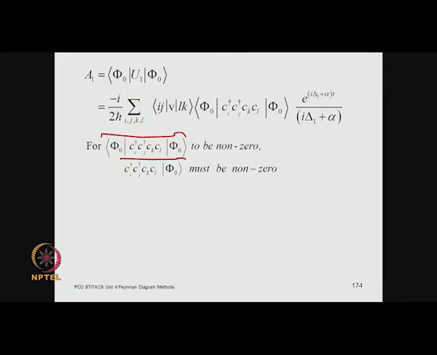Now, when will this be non-zero? There are certain conditions which must be satisfied. For example, we already saw that if you have a combination of CkCl in which Ck and Cl both refer to the same electron state, like k is equal to l, if both the states are the same states.